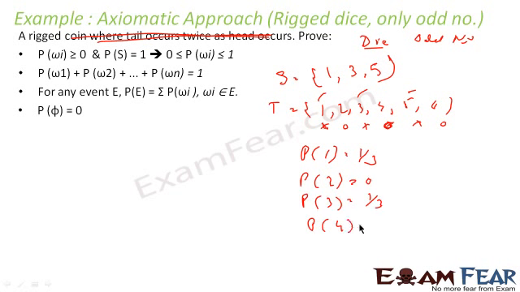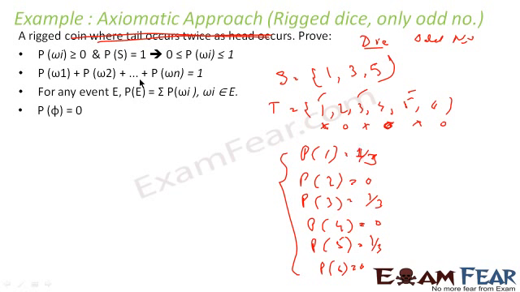The probability of 4 is again 0. The probability of 5 is 1 by 3, and the probability of 6 is again 0. This is the probability we have. Probability is favorable outcomes by total outcomes. Total outcomes are 1, 3 or 5, and the favorable outcome here occurs 1 time in 3. That's why we got this.